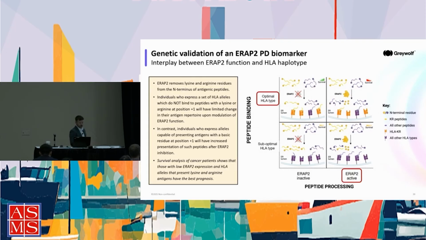So I'm not going to read through all of this, but this is a schematic that basically illustrates the points just made. So if you're carrying this optimal HLA type, and you have an inactive ERAP2, then this is the sort of patient population that we think will benefit most from our ERAP2 inhibitors. And conversely, if you're not carrying the HLA type, it doesn't really matter whether or not you are ERAP2 wild type or ERAP2 knockout.